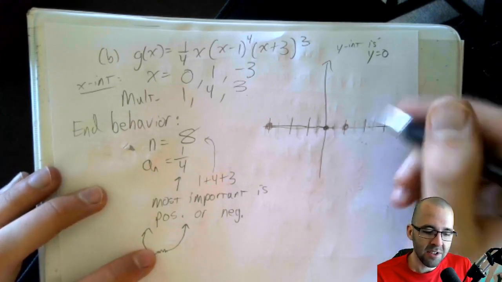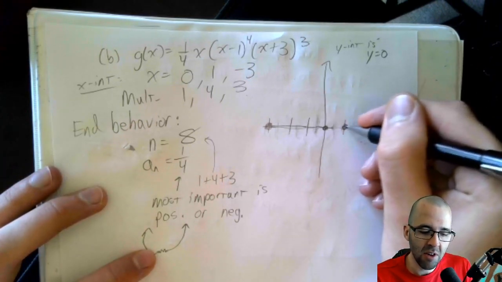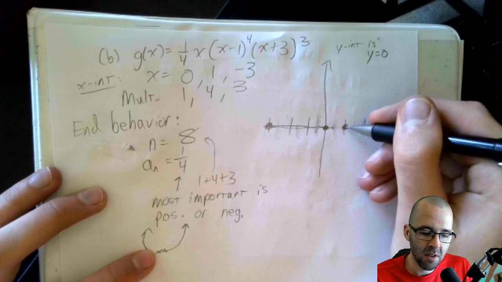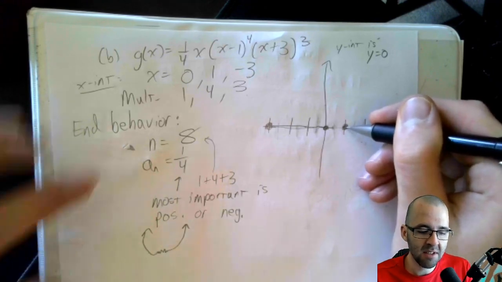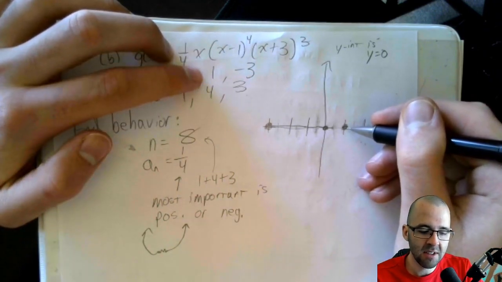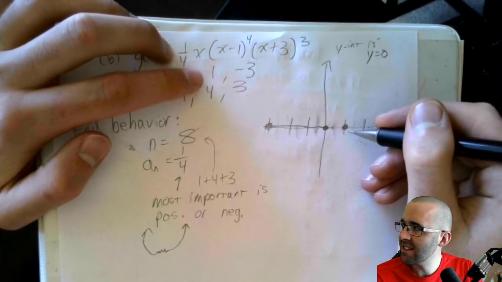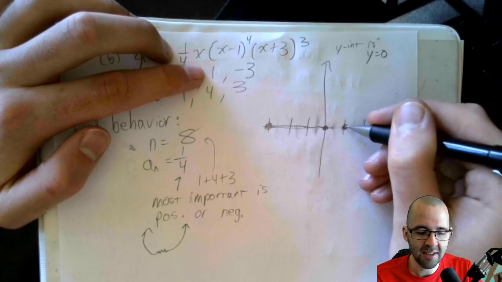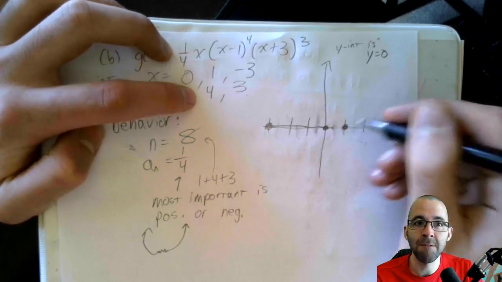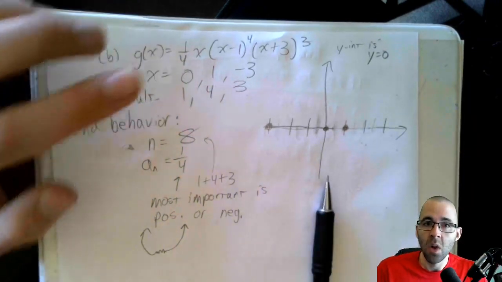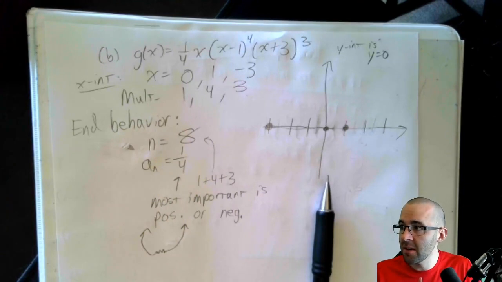So let's look at this 0 right here on the right. What's the multiplicity of this 0? The multiplicity is 4. The x-intercept is 1. We're looking at this guy with multiplicity 4. What does multiplicity 4 look like, remember?